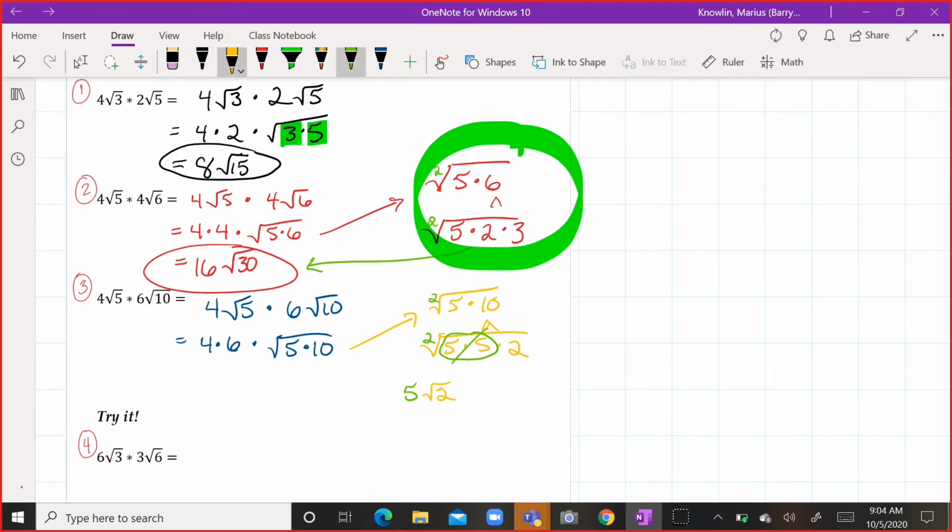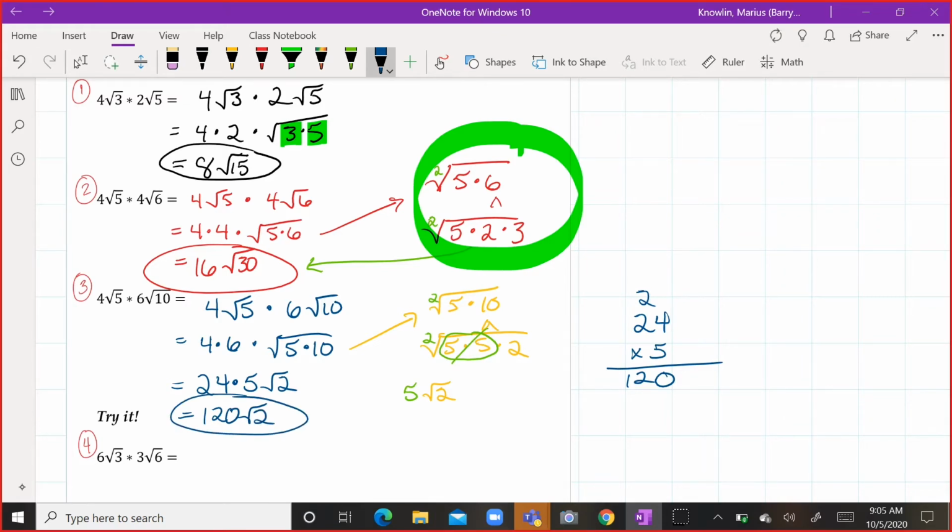So when I come back over here for our problem, when I simplify, this is going to give me 24 times 5 square root 2. And then we still have to multiply the 24 and the 5. That's 20, carry the 2, that's 10 plus 2, 120. So we would get our final answer of 120 square root 2.